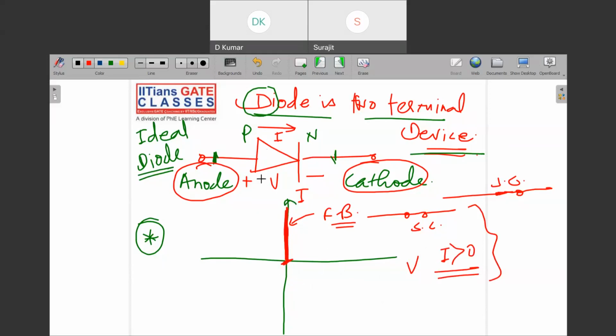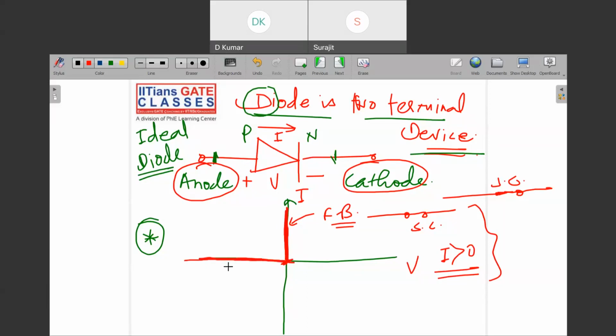And if the polarity is changed, if the voltage across the diode is minus to plus, if negative potential is applied to the positive terminal, then the current will be 0.